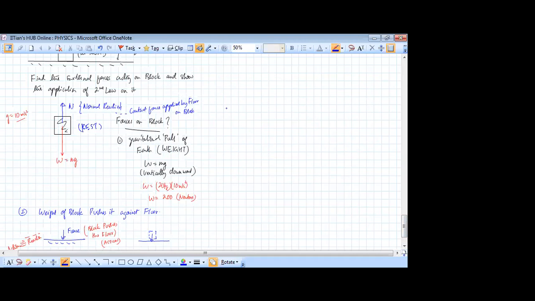Now we'll apply Newton's second law. Applying second law, we can see that net force should be equal to rate of change of momentum. Now this is going to be what? 0, because the body is at rest.